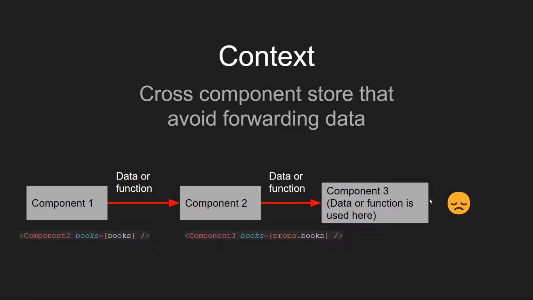This is not a good approach because you are passing information through different components, and only one component is going to use that information or function. Okay, if you had a more complex application with more components, you would have a complex way to manage this information, passing information through components.